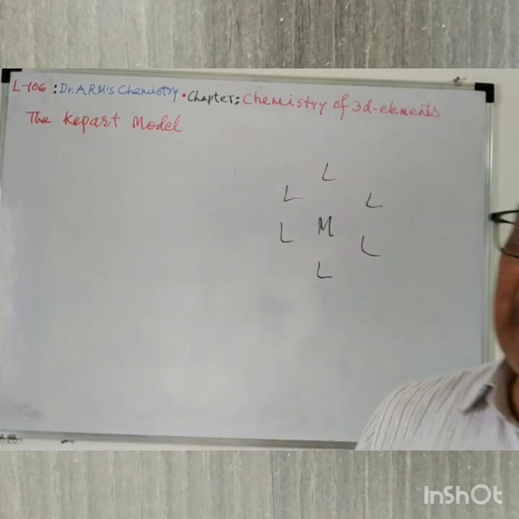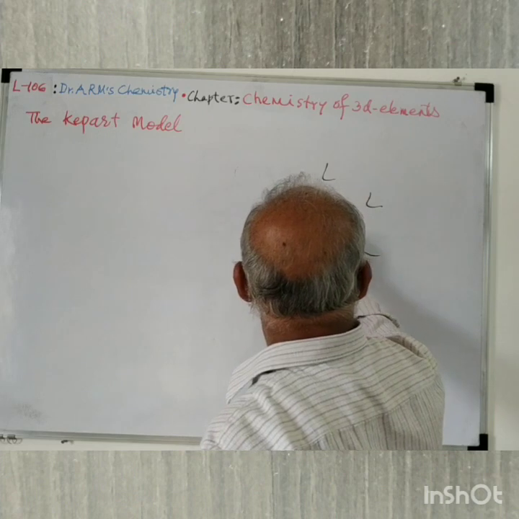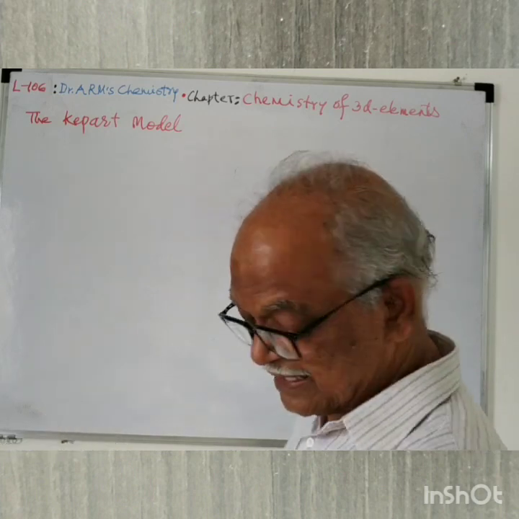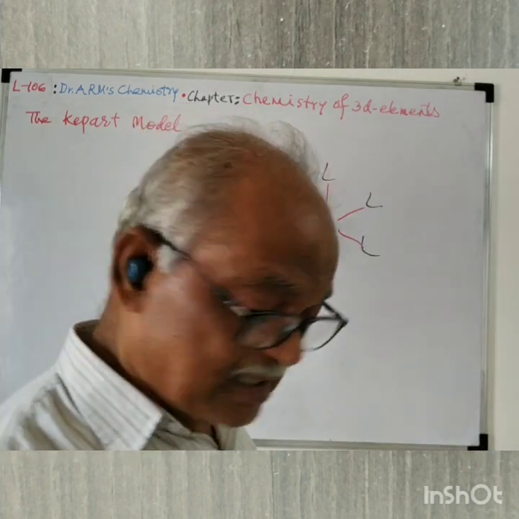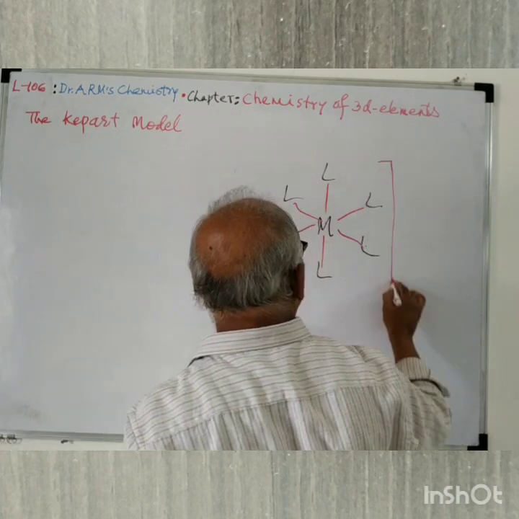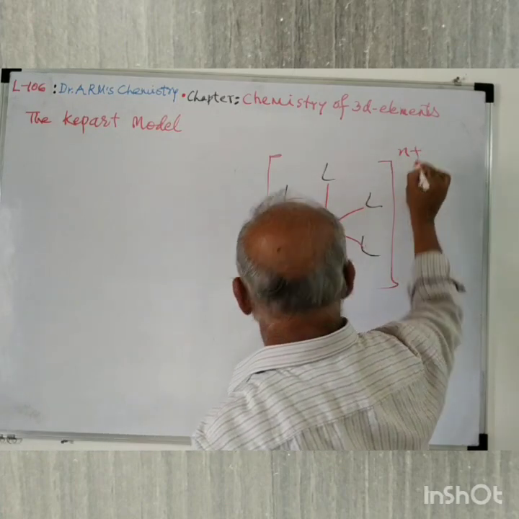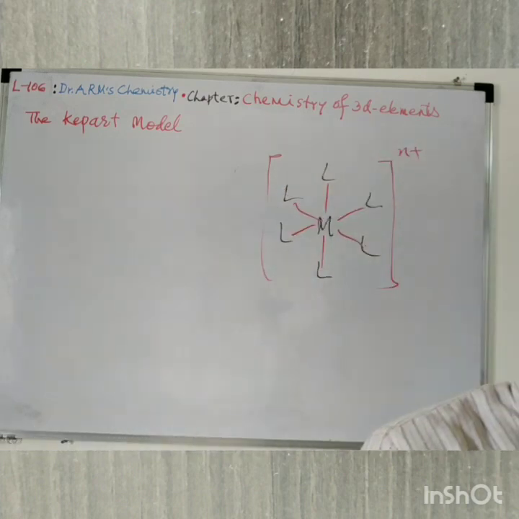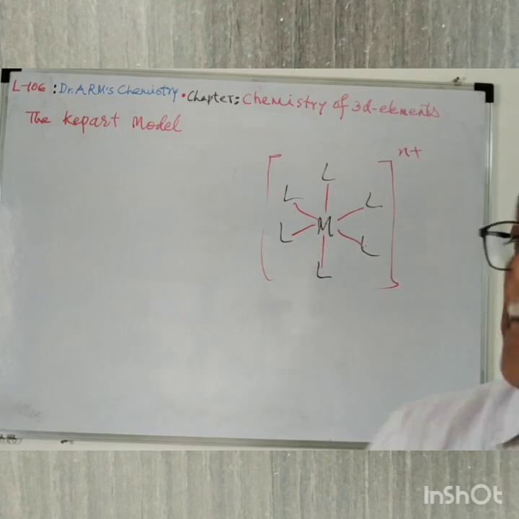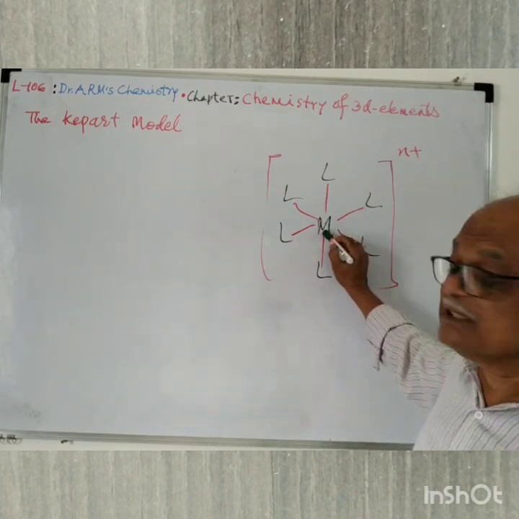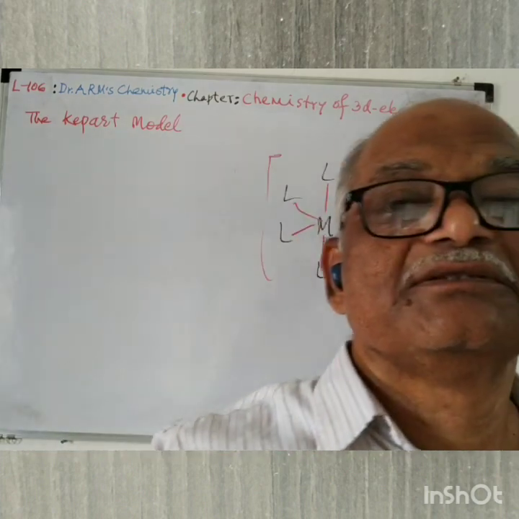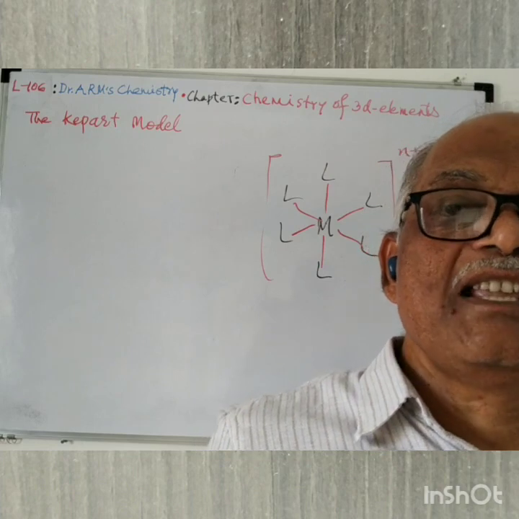We can show these arrangements like this. If the charge on this complex is n+, then in these structures the metal ion is at the center and the ligands are freely moving around the sphere of the metal ion.